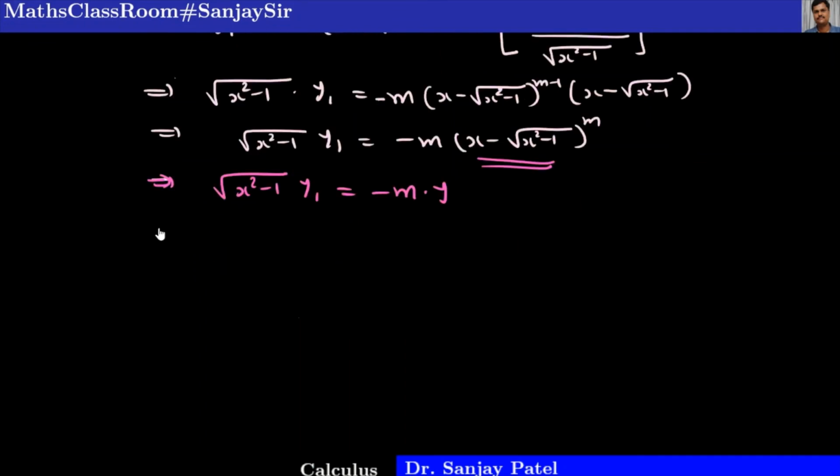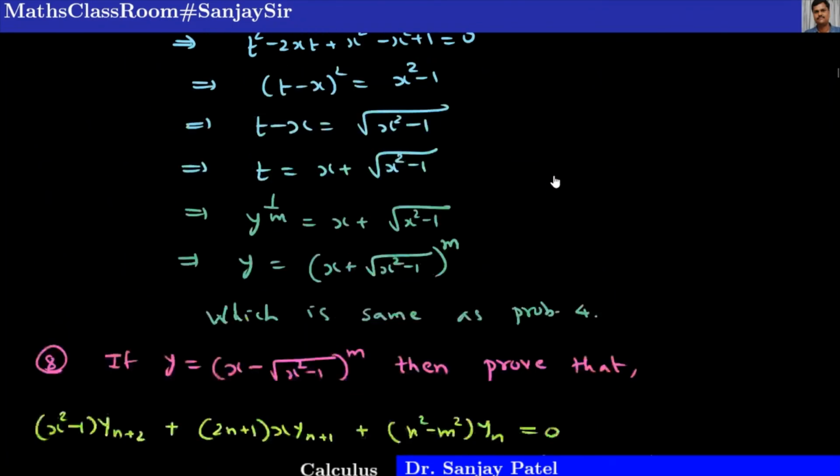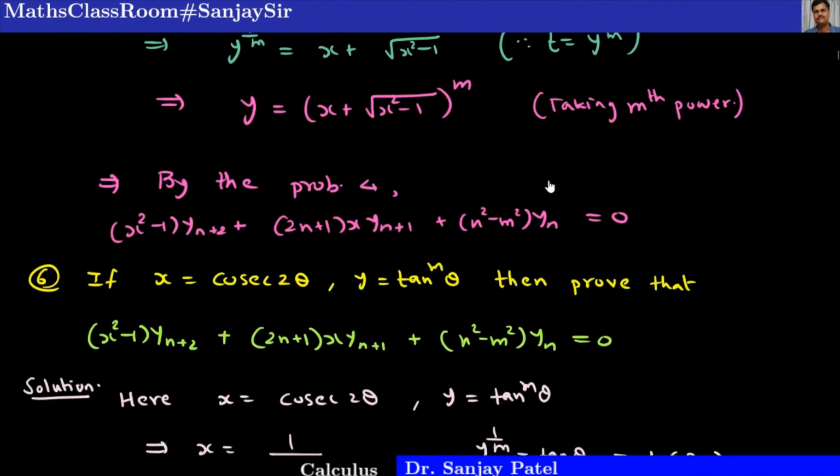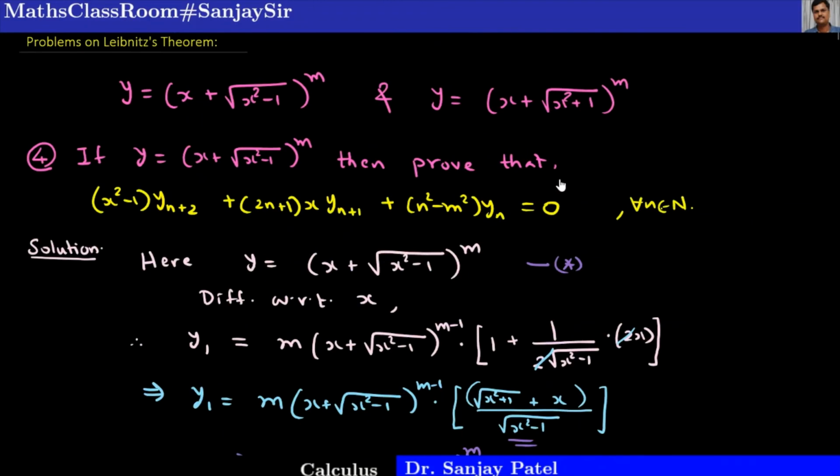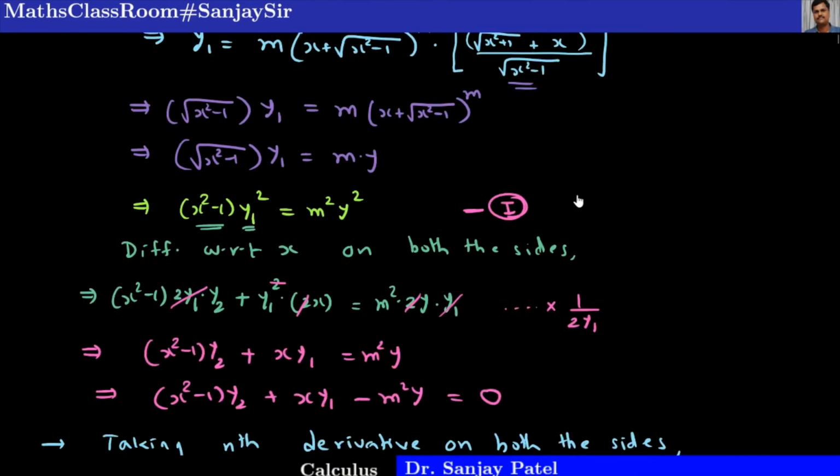Now squaring both the sides, we get (x square minus 1) into y1 square is equal to m square into y square. And this relation is exactly the same as the relation obtained in the first problem of this video, that is problem number 4. Let me show you. It is this equation number 1.